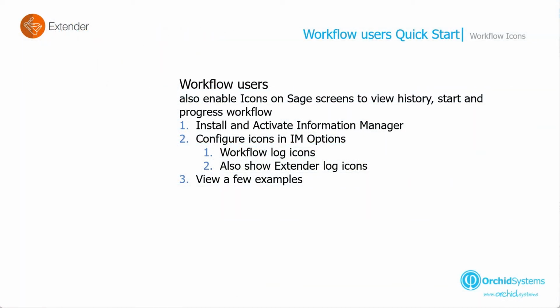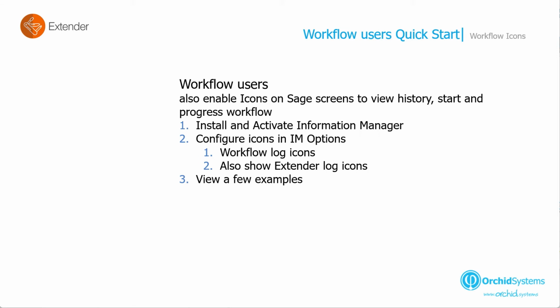We have just seen how to access the workflow instances using the workflow console, but you are also able to access the workflow instances using icons on the Sage 300 screens. And we use Information Manager to configure the icons on the required Sage 300 screens.